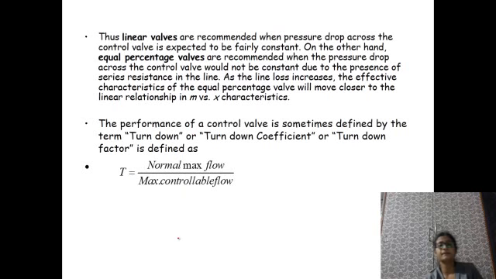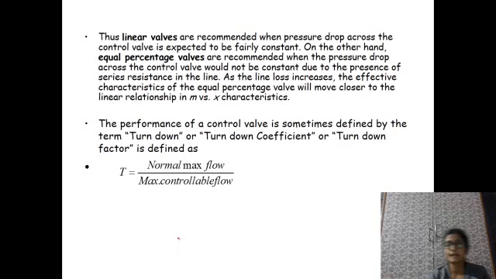Linear valves are recommended when the pressure drop across the control valve is expected to be fairly constant. On the other hand, equal percentage valves are recommended when the pressure drop across the control valve would not be constant due to the presence of series resistance in the line.